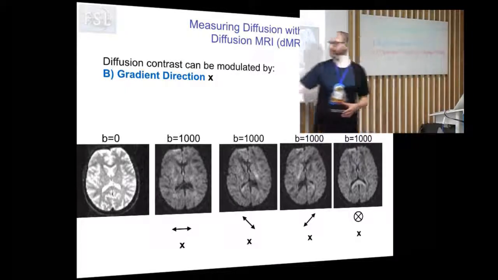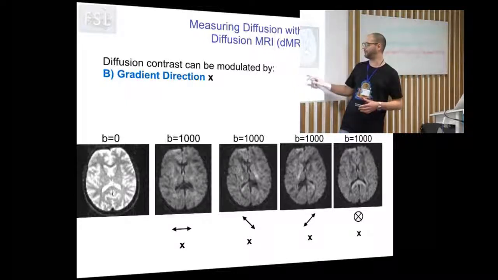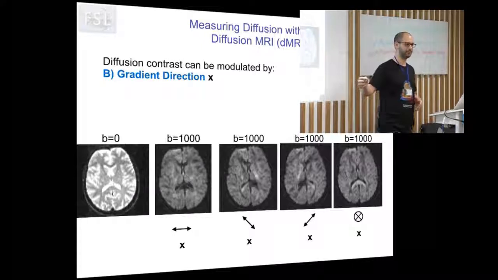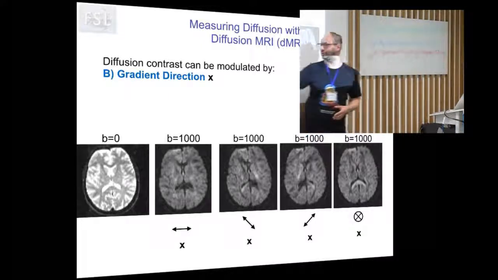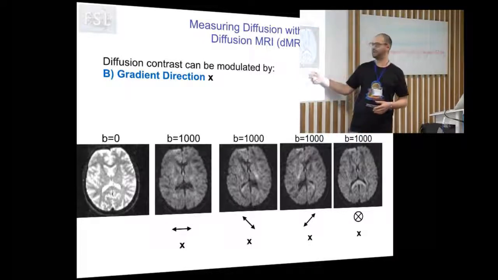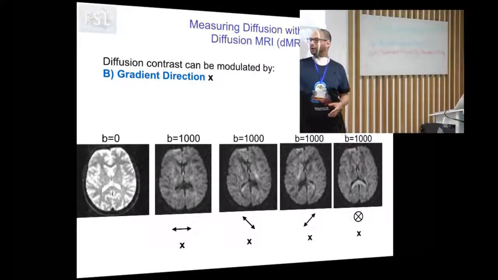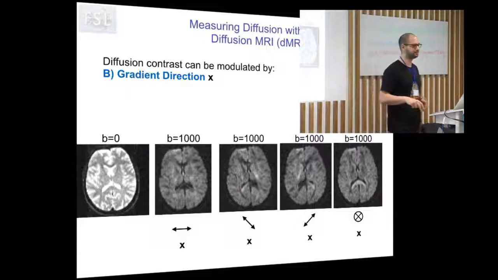And then we have diffusion along X, along a certain diagonal, the opposite diagonal, and along the orientation Z, so the one that comes out of the screen. Right? So if we look at, for example, the two extremes, so diffusion along X, right? So from left to right, versus diffusion along Z, you see that especially this area on the back here completely changes the contrast, right?